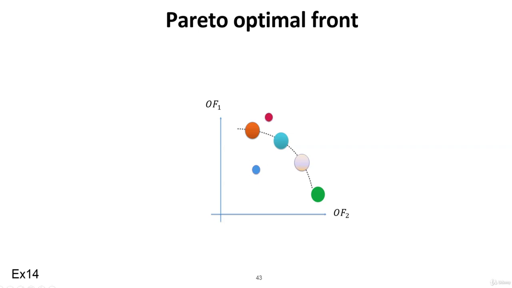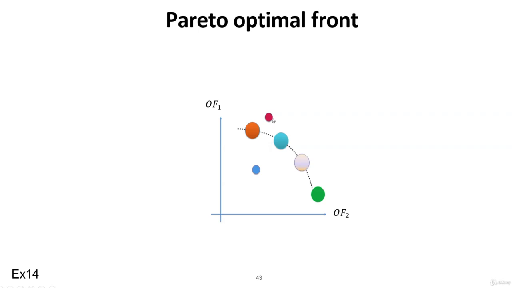Another solution, consider this one. If I want to compare the red one and the orange one, which one is dominating? The red one is dominating the orange one. Now I hope you understand the meaning of domination.